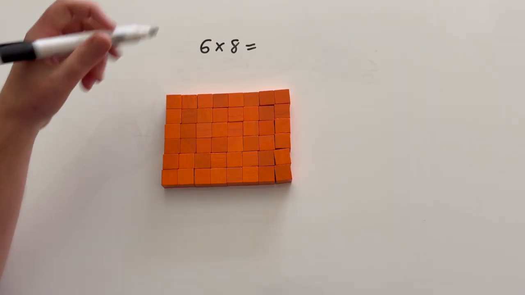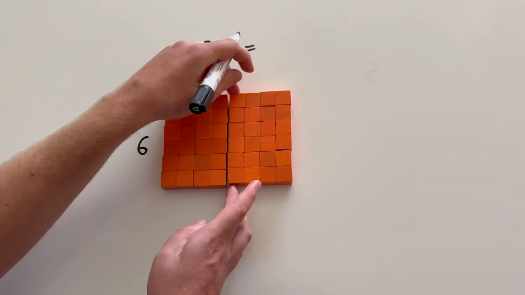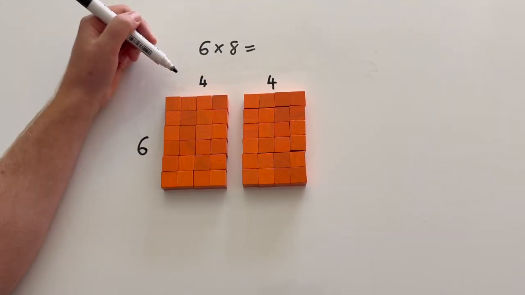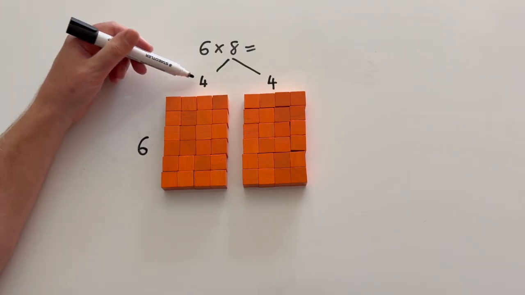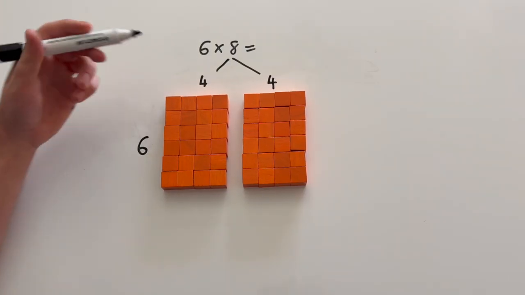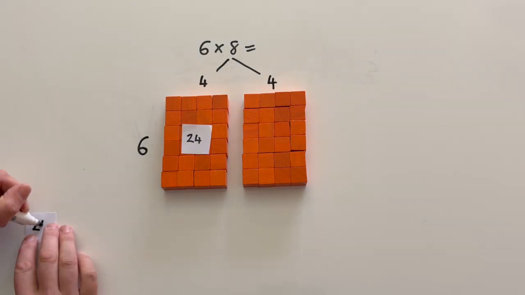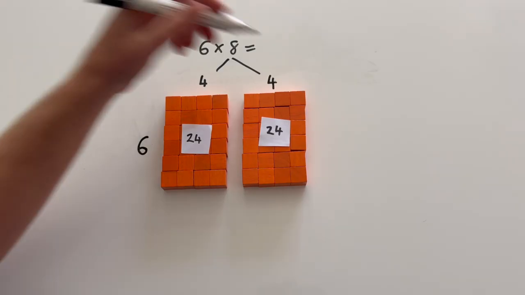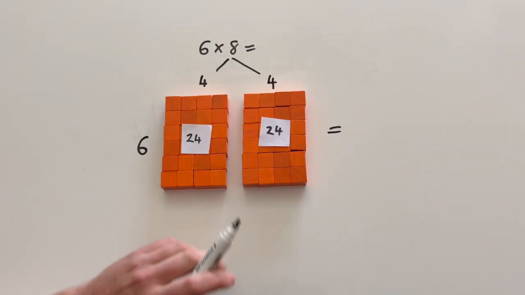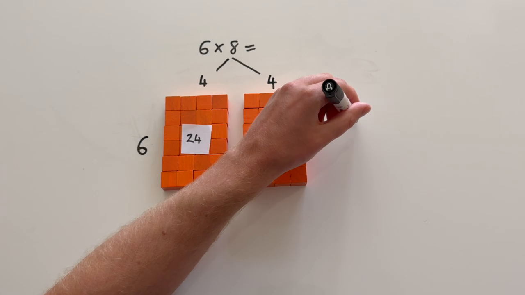I could keep my 6 on the side again, but break my 8 into two 4s. Now I'd work out 6 times 4. I could use my double doubles: double 6 is 12, double 12 is 24, and if that one was 24, this one's got to be 24 too. Altogether, I've got 4 10s, 40, and 2 4s, so I've got 48.